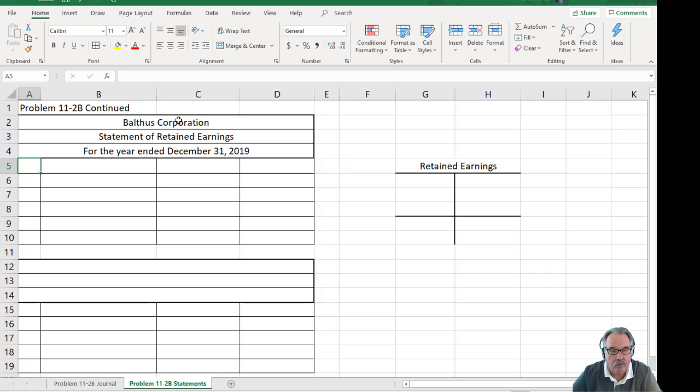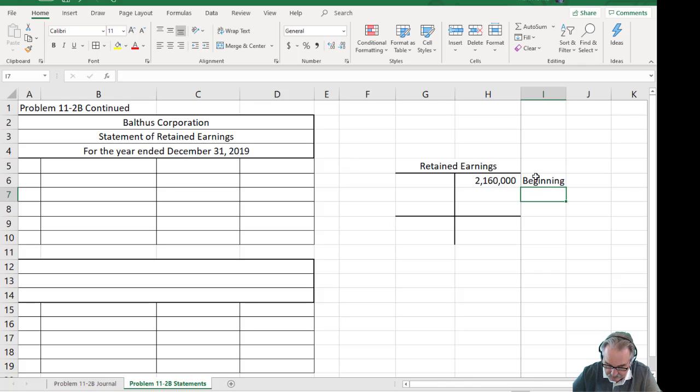We're now going to show the retained earnings account rolling forward. And just to help, I'm going to prepare a little schedule over here that's a T account for retained earnings. Retained earnings at the beginning was $2,160,000. That's right out of the book. So we'll just put this as beginning.